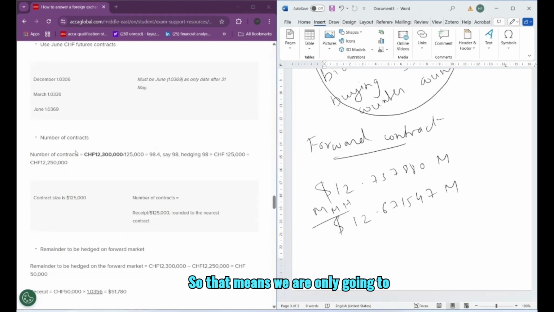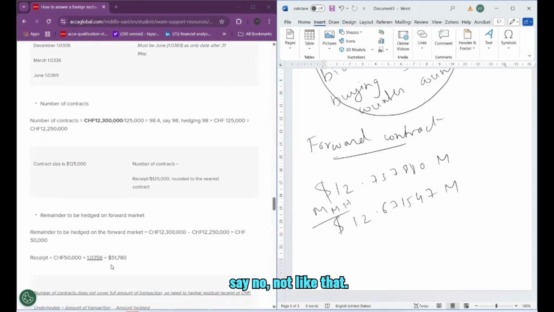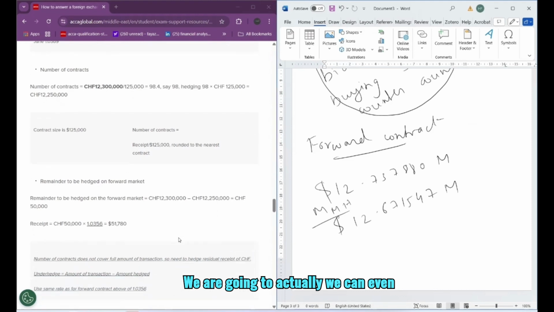So hedging 98 into 1,25,000, that means we are only going to consider 98 into 1,25,000 being the contract size for each of the contracts. That is 12.25 million. So only 12.25 million will be hedged using the futures market. The remaining 0.4 will be hedged using the forwards market. Very simple. We can even multiply 0.4 into 1,25,000.